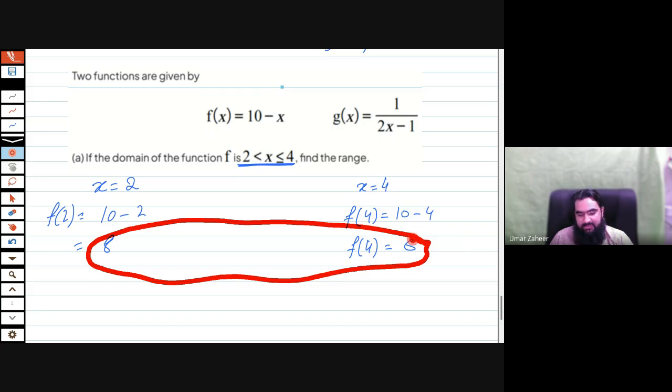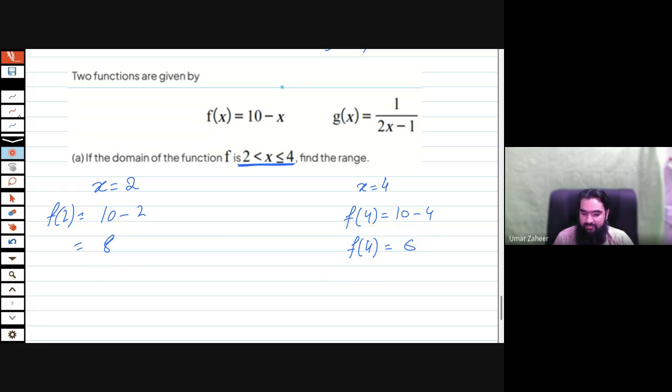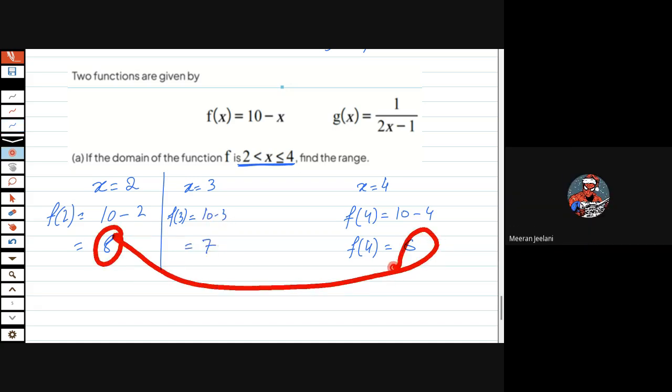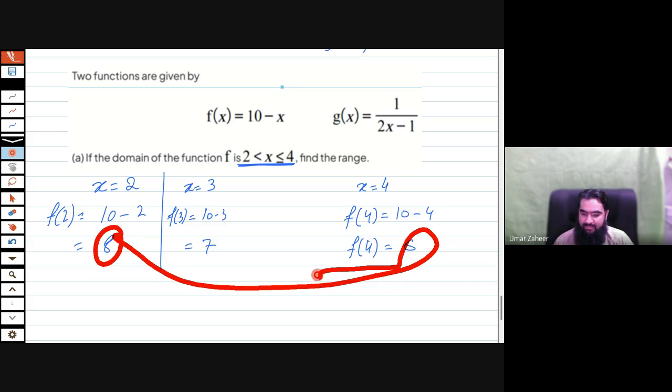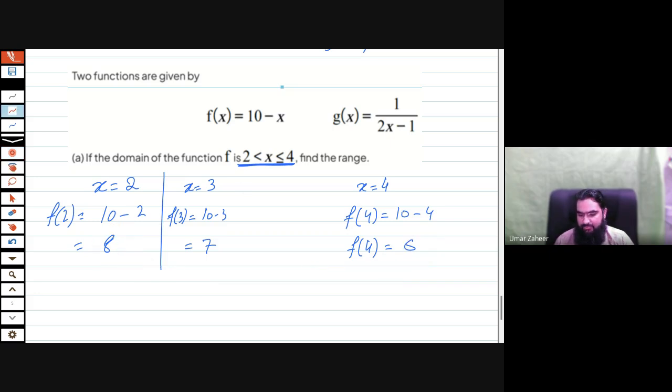Means the range can be 7.5, 7, 6.3. For example, let's say we substitute x is equal to 3. Look at here, what you will get: 10 minus 3, that will be 7. Look at here, 7 is right between 6 and 8. You can substitute any other value.